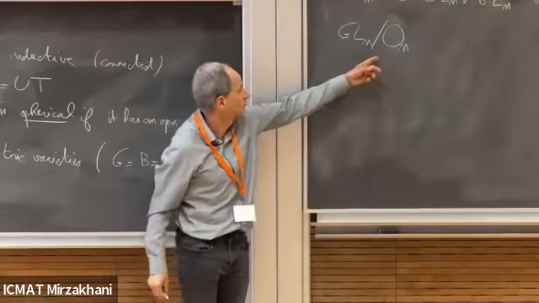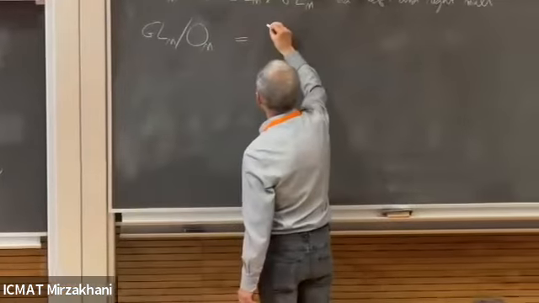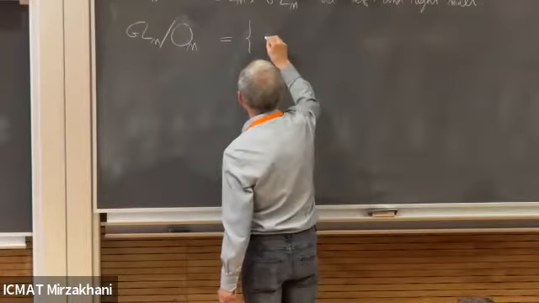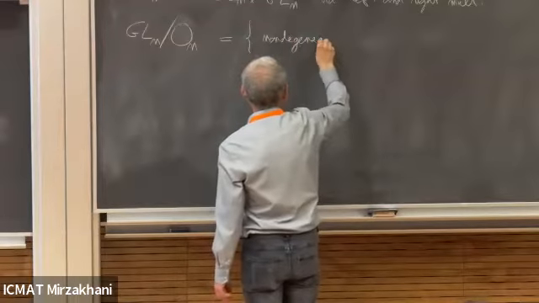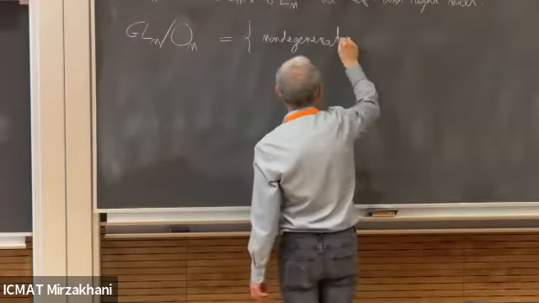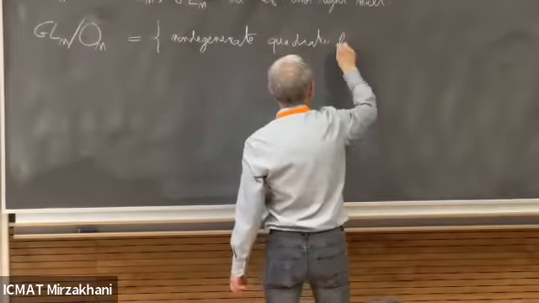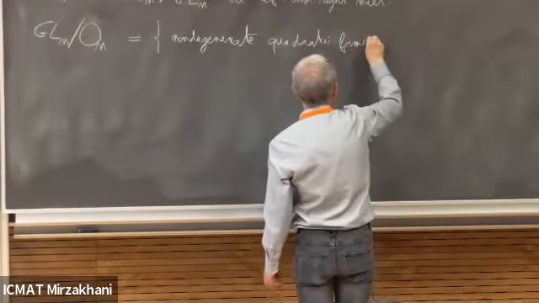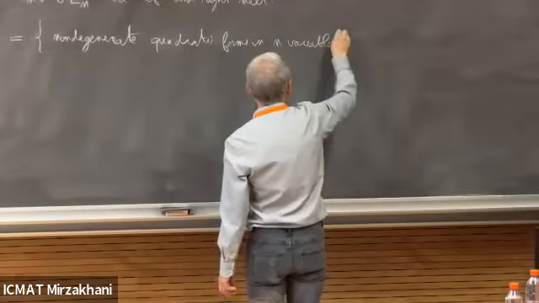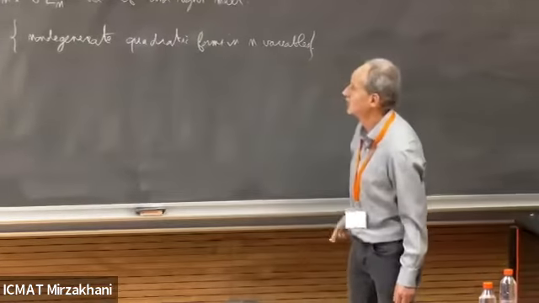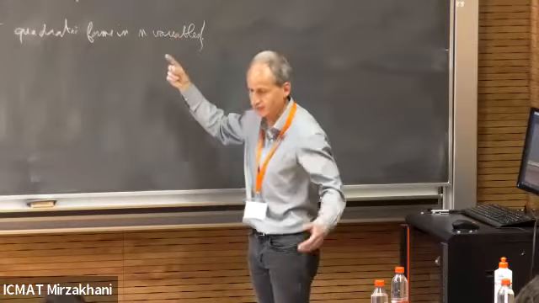Another example from maybe geometric origin is GLn modulo the orthogonal group. This is my notation for the orthogonal group. And you may think of this as the space of non-degenerate quadratic forms in many variables, because GLn acts on this space of forms by change of variables.